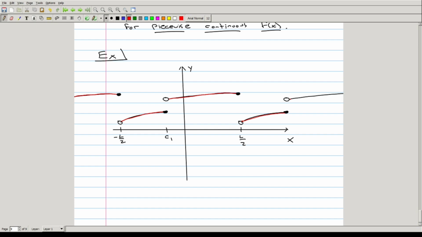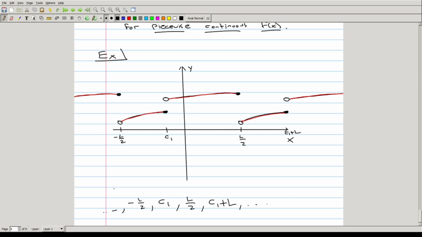And you'll notice that I'm not coloring in these boundary points, the points where the function f is discontinuous, or specifically we have these points here at negative L over 2, at C1, at positive L over 2, at C1 plus L, the period, so this point right here, and so on and so forth.